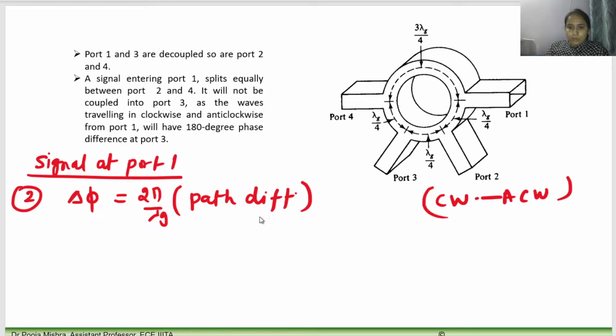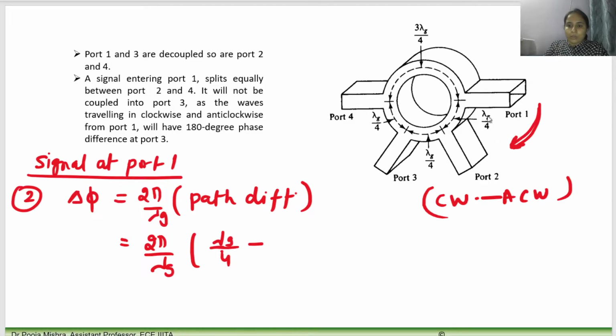So what will be the path difference? 2 pi by lambda g. The path in the clockwise direction to port 2 is lambda g by 4. This is the clockwise direction. From port 1 to 2, it travels a distance of lambda g by 4.